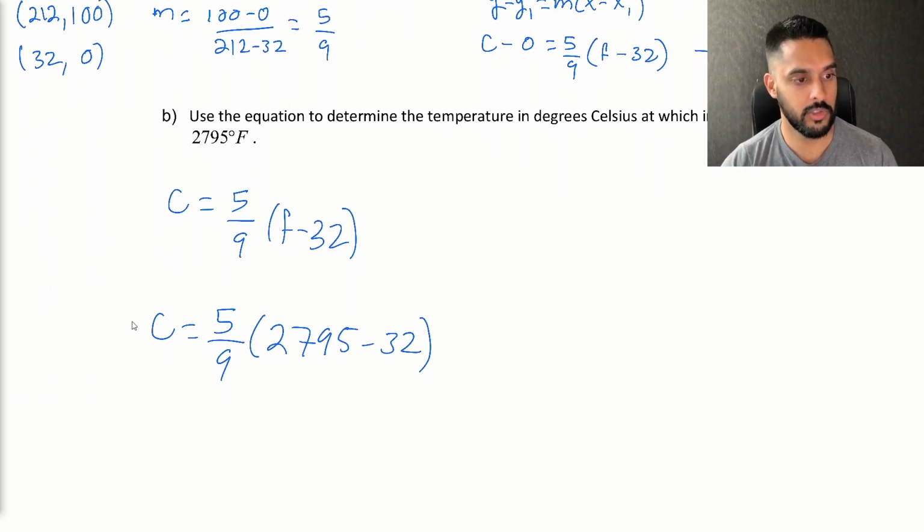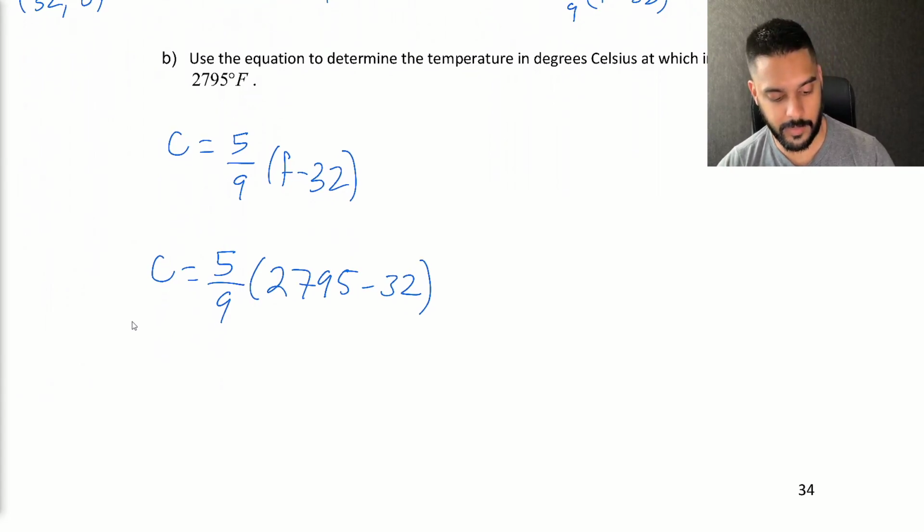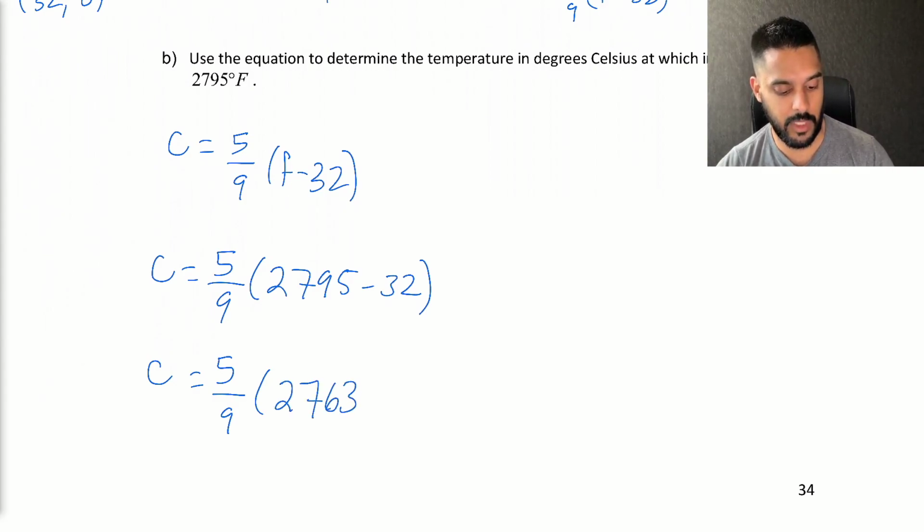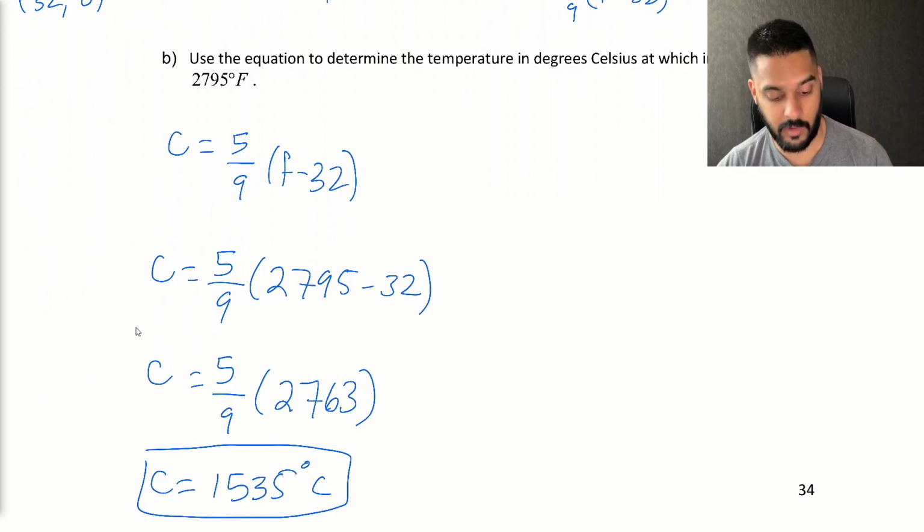In the brackets first, we get 2763, so a degrees Celsius number of 1,535 degrees Celsius. Quite hot in order to melt that piece of iron.